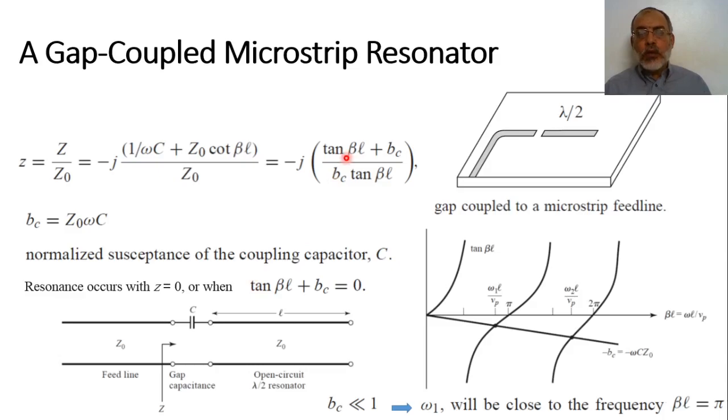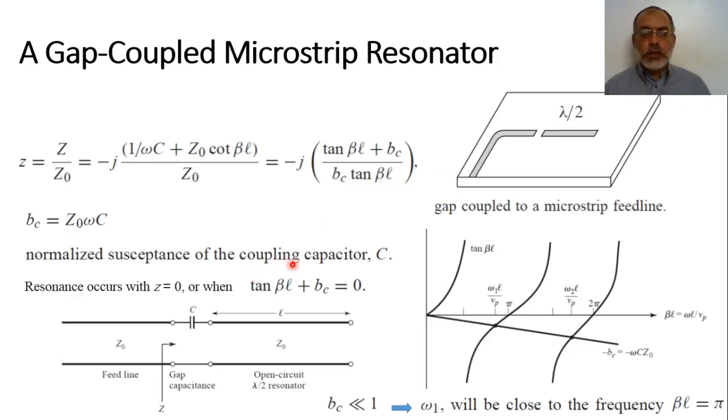This corresponds to a series RLC circuit, not a parallel LC circuit. So, it should be noted here that connecting a parallel RLC circuit through a capacitor to the feeding or the excitation line will convert the type of the resonance circuit from parallel LC circuit to series LC circuit. Okay?